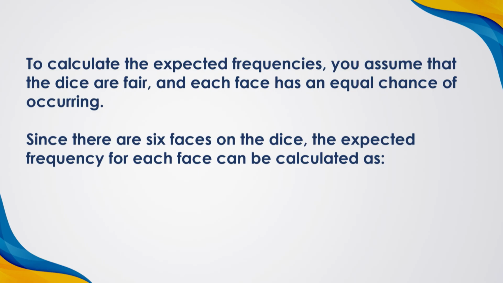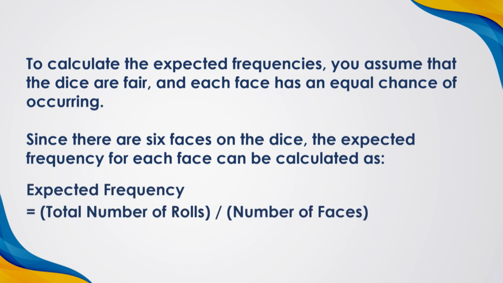Since there are 6 faces on the dice, the expected frequency for each face is the total number of rolls divided by the number of faces. You can see over here the total is 140 and the number of faces is 6, that is 140 by 6. The value is 23.33, that is your average value.